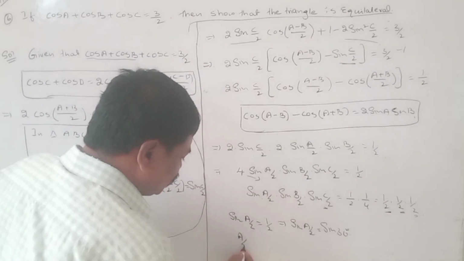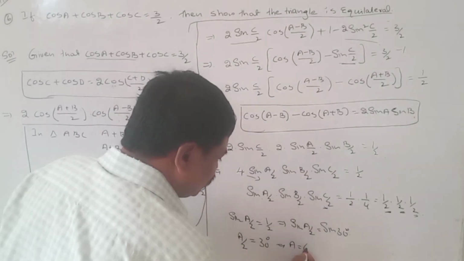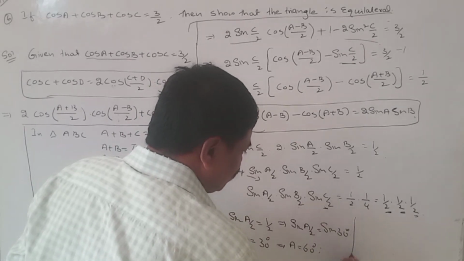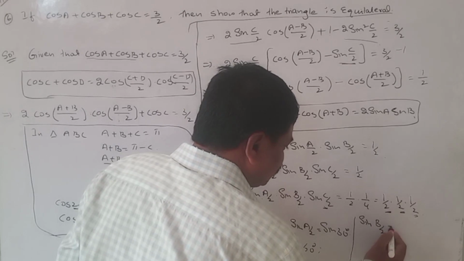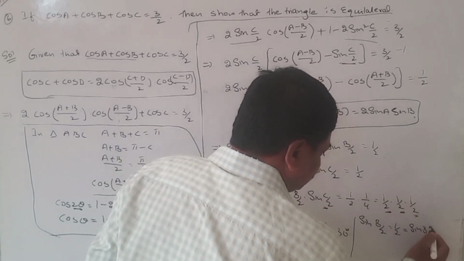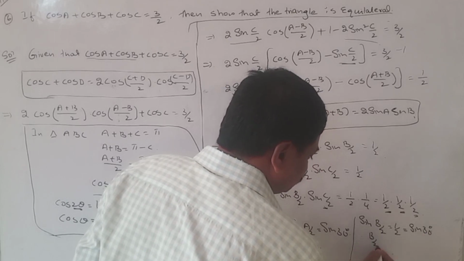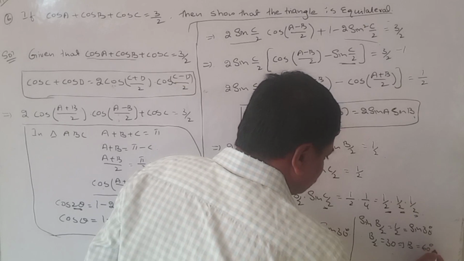A by 2 is equal to 30 degrees, so A is equal to 60 degrees. Similarly, sin B by 2 is equal to 1 by 2, which is sin 30 degrees. So B by 2 is equal to 30 degrees, and B is equal to 60 degrees.